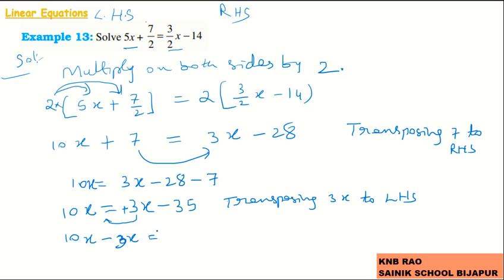So minus 35 is equal to 10x minus 3x, where 10x minus 3x is 7x, which equals minus 35.